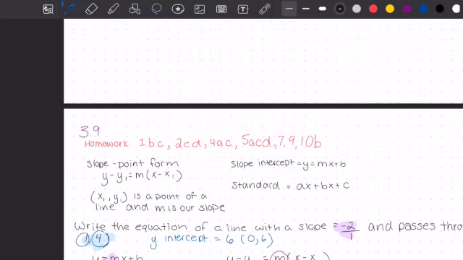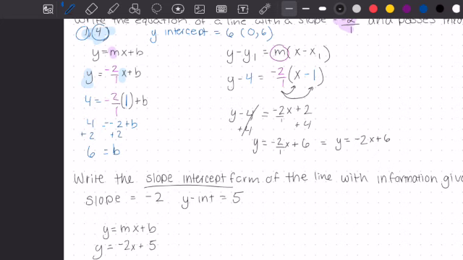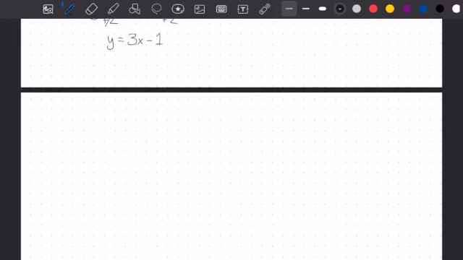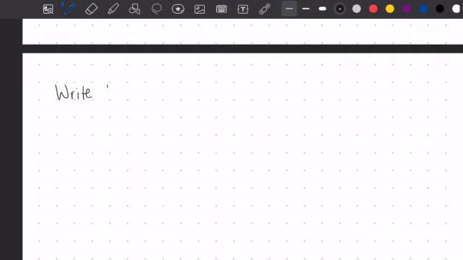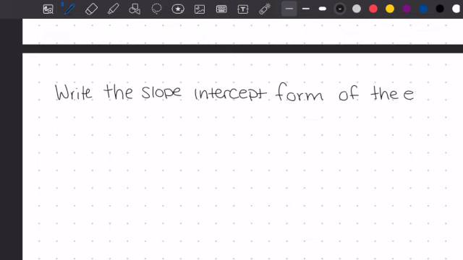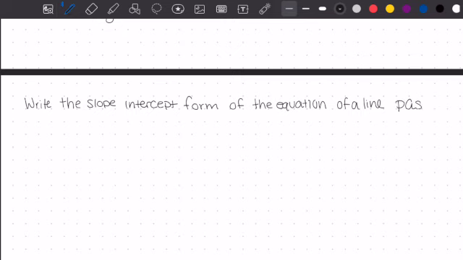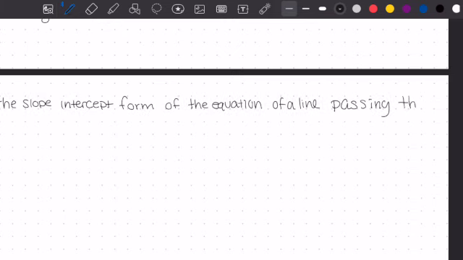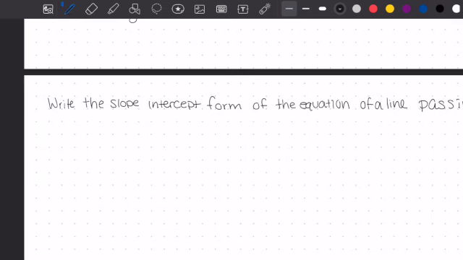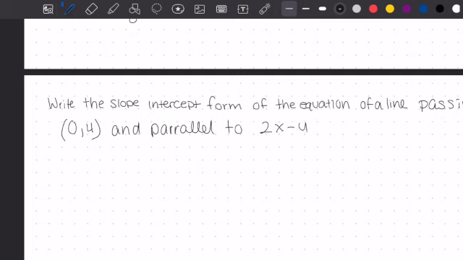So 4, I've given you A and C. 4 says write the slope intercept form of the equation of a line passing through, I'm going to do B. So I'm going to write passing through 0, 4 and parallel to 2x minus y equals 6.